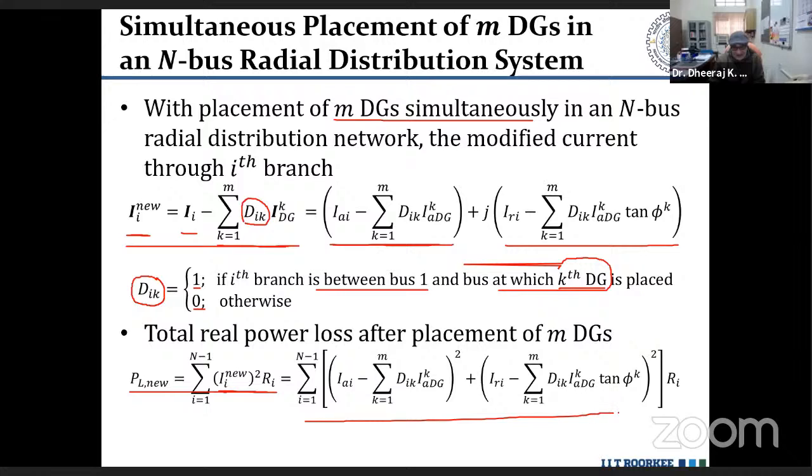So this is the modified losses as a function of branch currents before DG placement, active component of DG current, and power factor of DG.